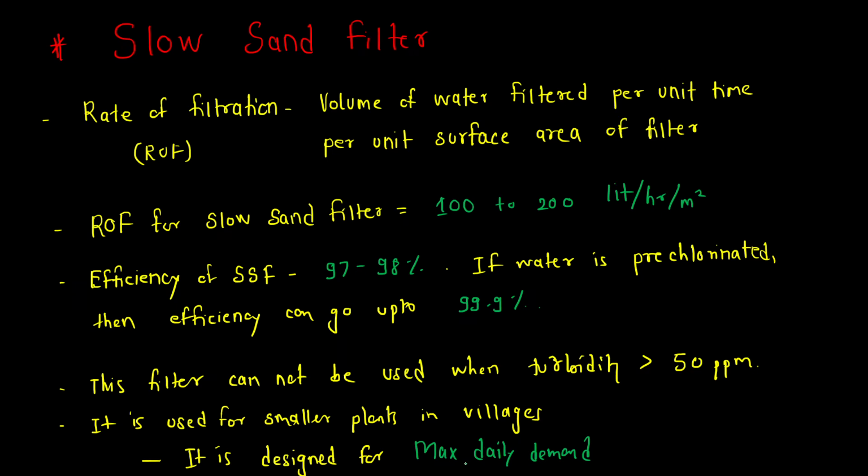These multiplication factors for calculating maximum daily demand, maximum hourly demand, and maximum monthly and weekly demand we have seen in the variation of demand video, so you can watch it and understand it better.